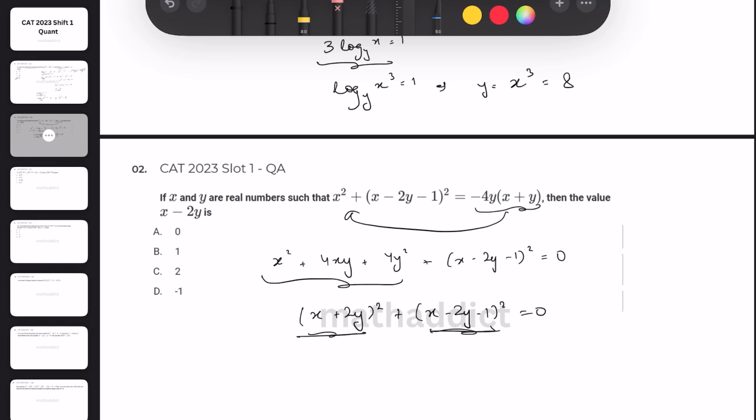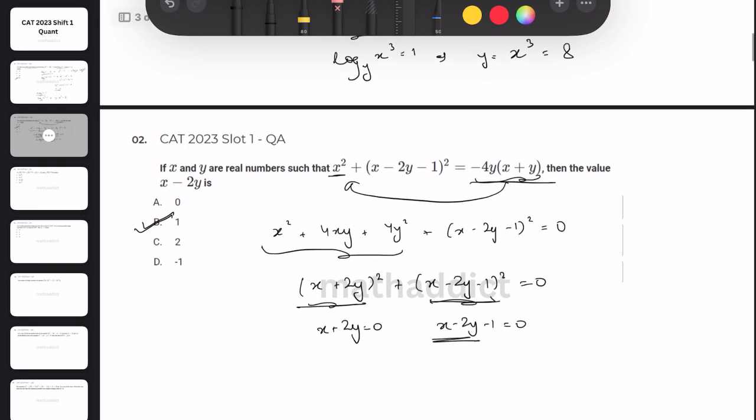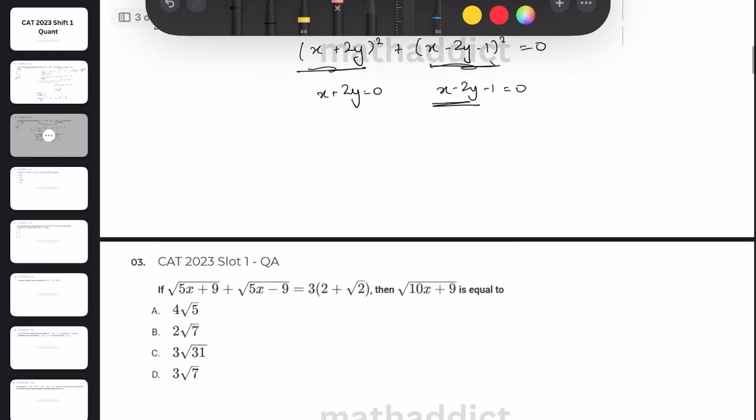That gives us x plus 2y is 0 and x minus 2y minus 1 is 0, which further gives us that x minus 2y equals 1. So the answer is B. In this session we started by observing that this and this indeed will give us a perfect square, and that's how we proceeded with it.